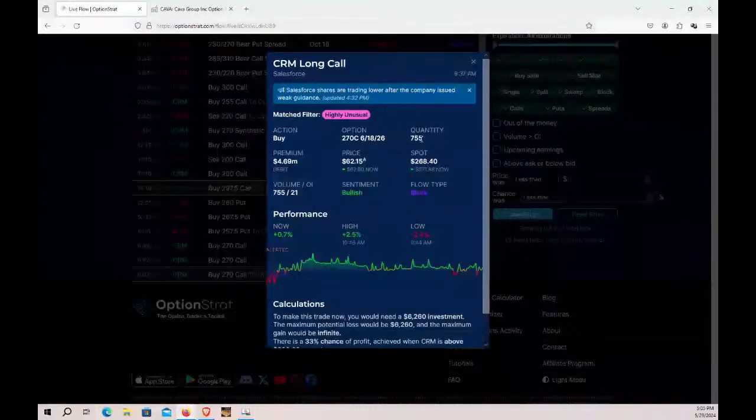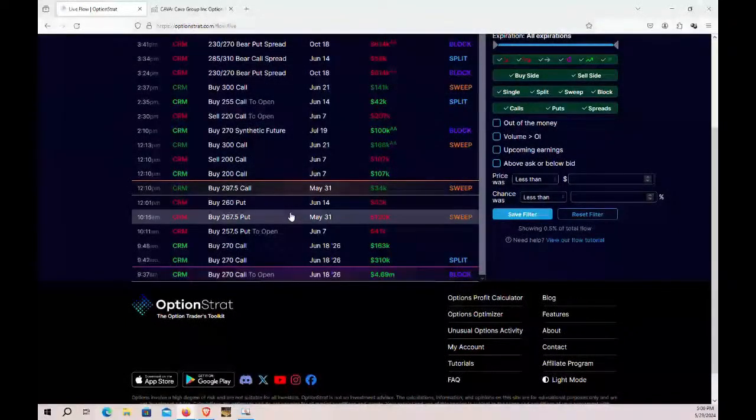It was 755 contracts of the 270 call, highly unusual, $4.69 million. But for 2026, and the stock trading right now at 226, it didn't create any block.